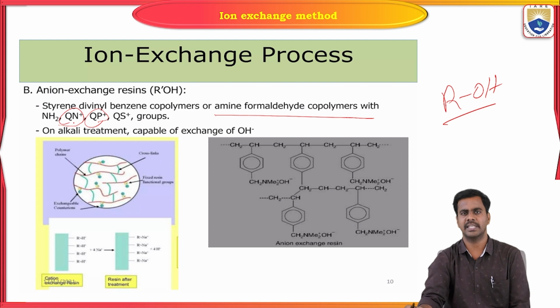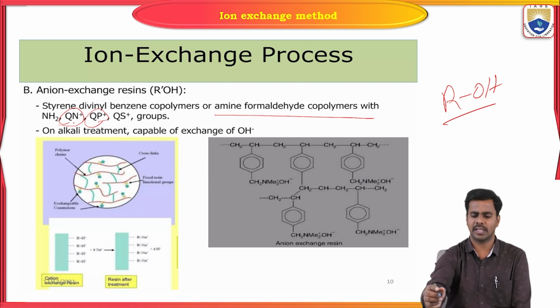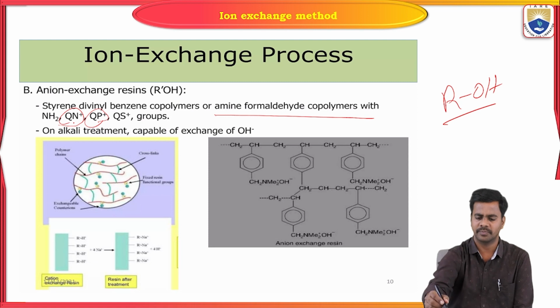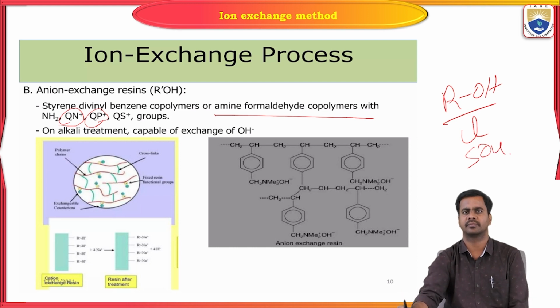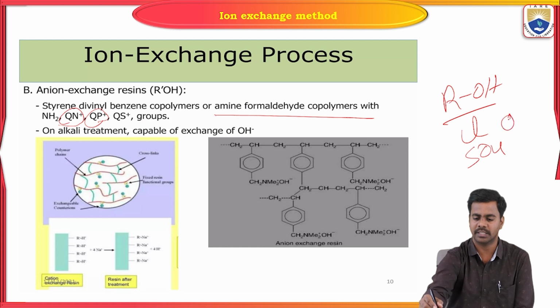These basic resins or anionic resins can remove the anions present in the hard water. What type of anions are present in the hard water? Sulfates, chlorides, sulfides, etc., and OH minus also.